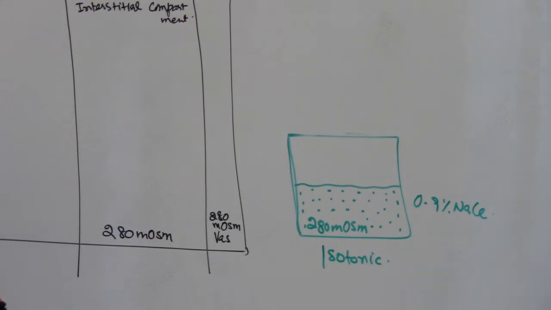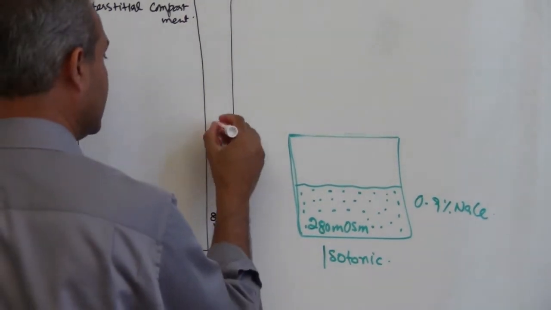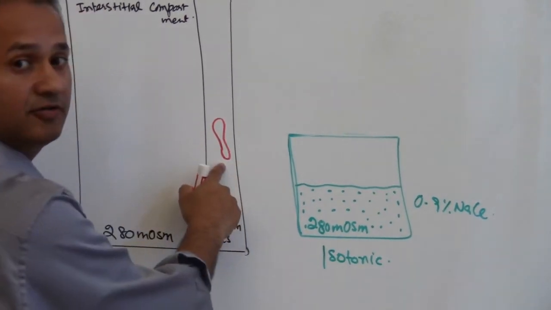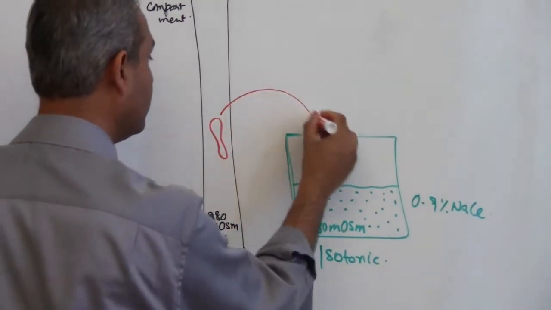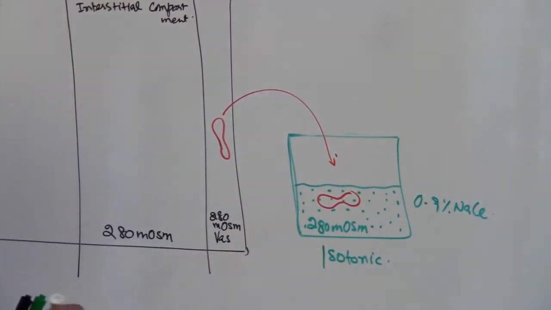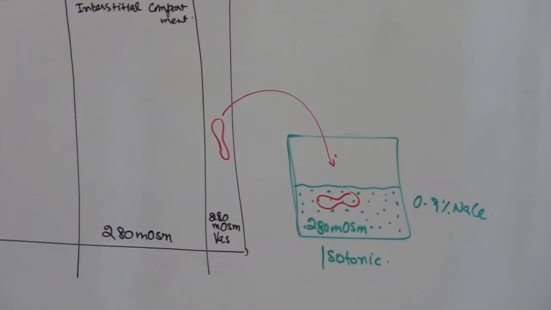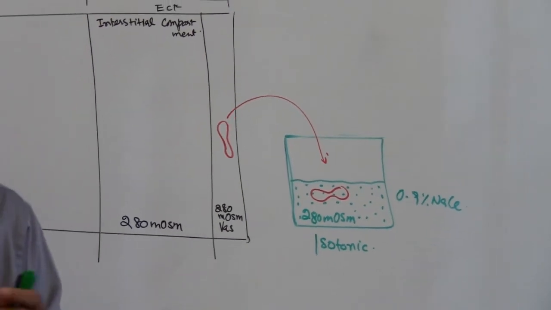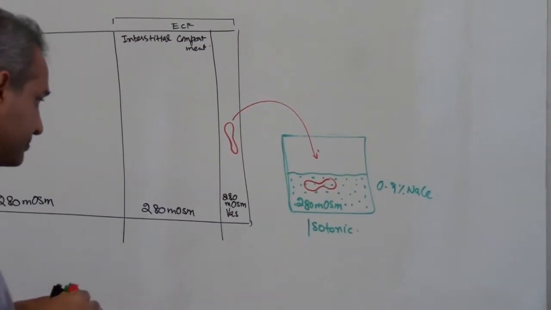What does that now mean? What that means is, if I picked up a little RBC from the blood vessel and I moved it in here, this RBC would live fine in that fluid, provided that we have the other nutrients over there.